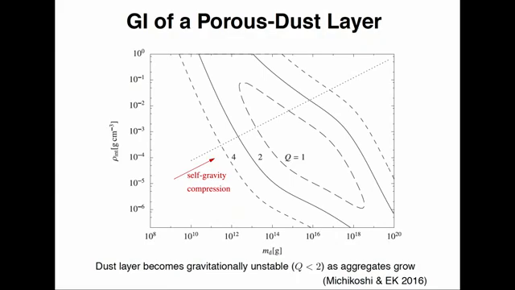So this is the simulation of that stage. We are looking at some part of the protoplanetary disk, face on. So the fluffy dust aggregates, but then the layer becomes dense enough.